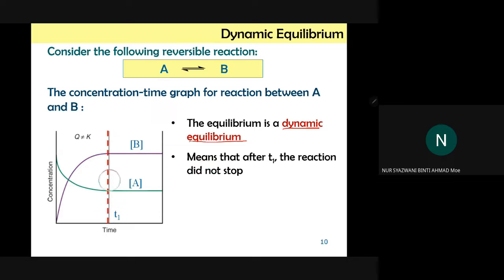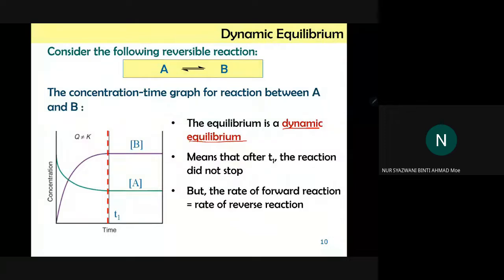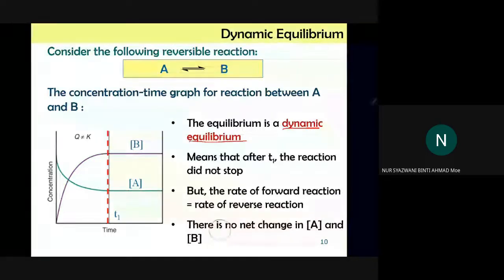Selepas time ini, tindak balas tidak berhenti. Jadi kalau tindak balas tak berhenti, ada perubahan sebenarnya dari segi concentration dia berubah sikit. So dia bukan kosong lah sebenarnya. Okay, sebab tindak balas did not stop. However, the rate of forward reaction equals the rate of reverse reaction. And there is no net change of A and B.